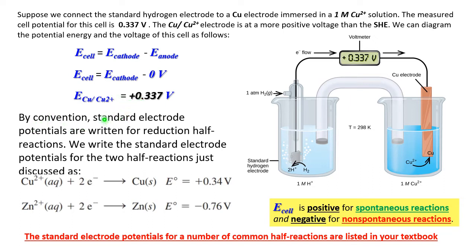Now, by convention, standard electrode potentials are always written for reduction half reactions. We write standard electrode potentials for two half reactions just discussed as Cu2+ + 2 electrons to Cu metal, +0.34 volts, Zn2+ + 2 electrons to Zn, minus 0.76 volts.